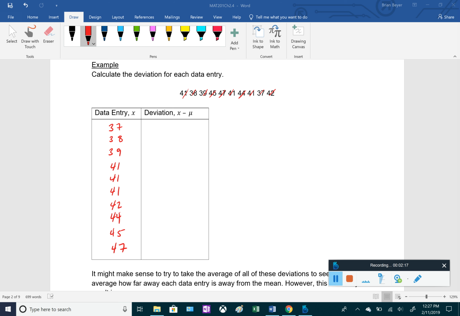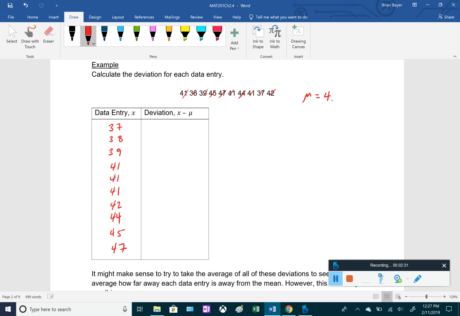The deviation is just going to be x minus the mean, so we obviously have to calculate the mean. If we went through and calculated mu, we add them all up, divide by how many there are, we would get 41.5.